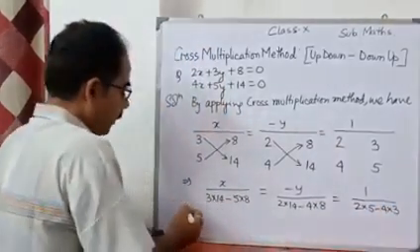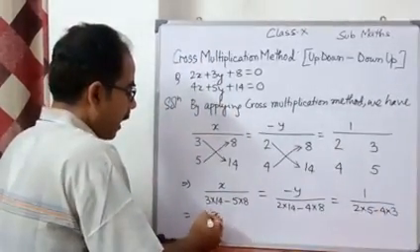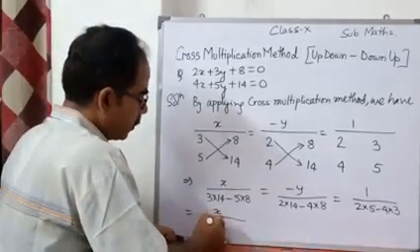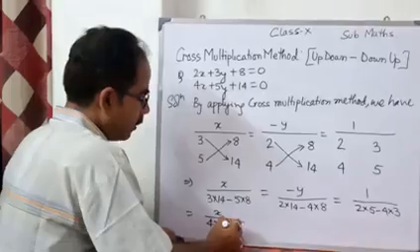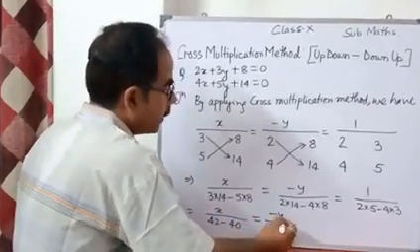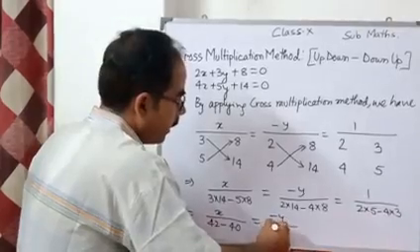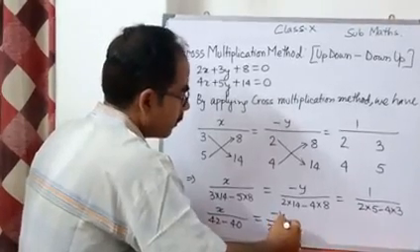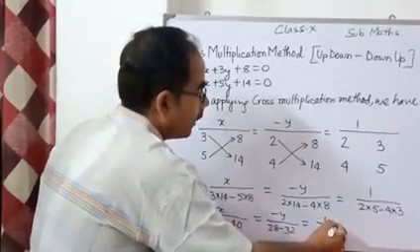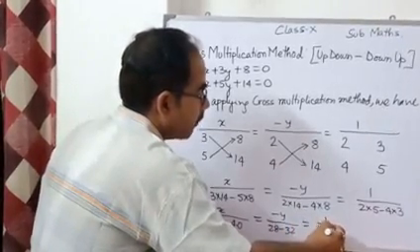So what you are getting, x by 3 14s are 42 minus 40 equal to minus y by 28 minus 32 equal to 1 by 10 minus 12.